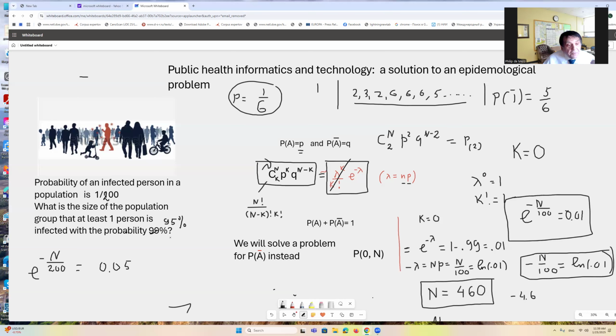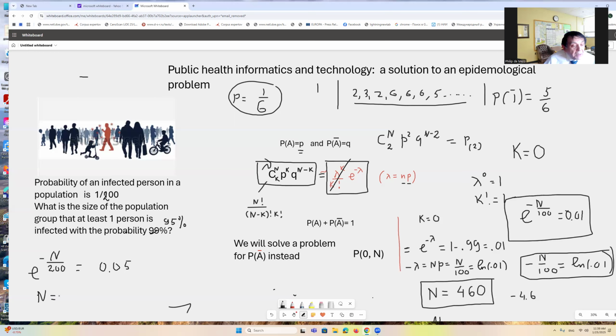In the direct problem it was 95%. In the complementary it has to be 5%, because 5% plus 95% gives you 1. Now you apply the logarithm to both sides.